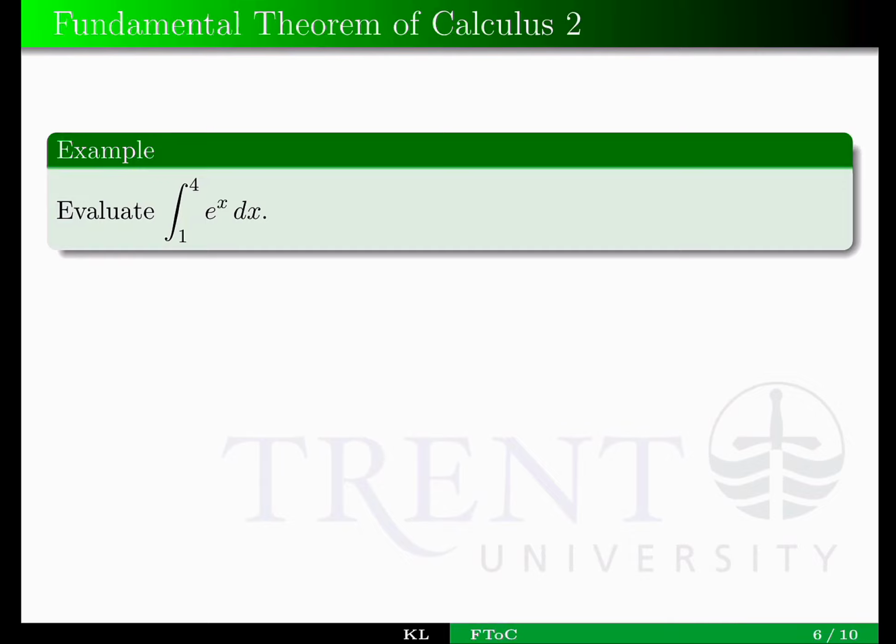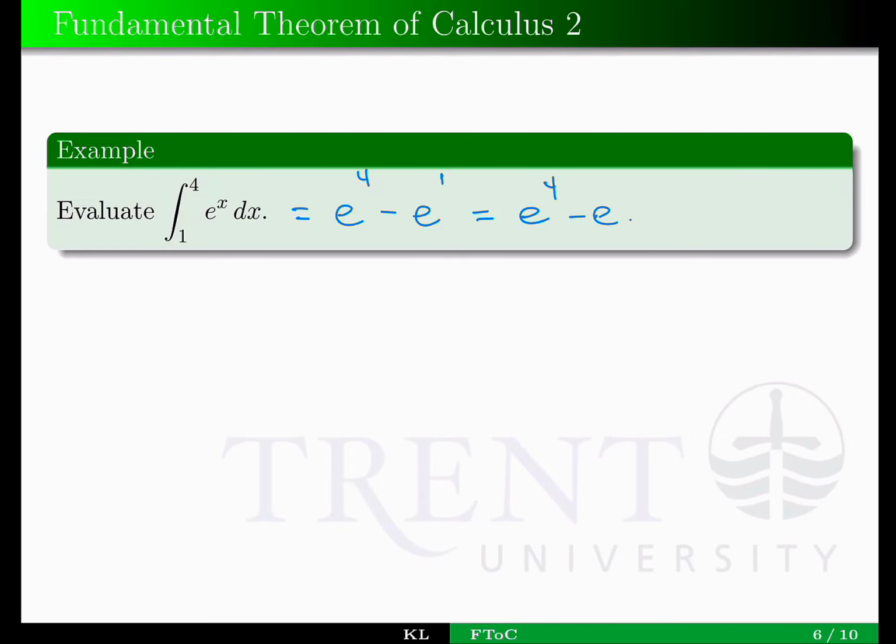So the antiderivative of e to the x is still e to the x. So this one will be equal to e to the 4 minus e to the 1, or e to the 4 minus e. Easy peasy.